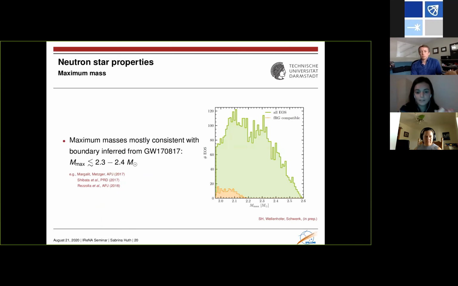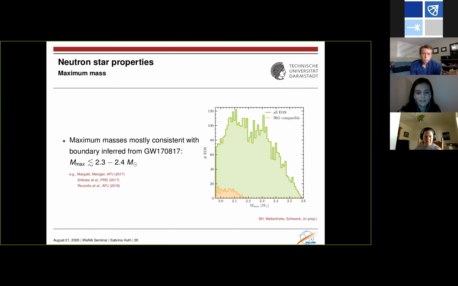Then from the mass radius relation, we also show here a histogram for the maximum mass. So here's the number of EOS with a specific maximum mass, and we have a broad peak here. It's a little bit of a bimodal function with two peaks, you could say, and then it falls off steeply after roughly 2.4 solar masses.